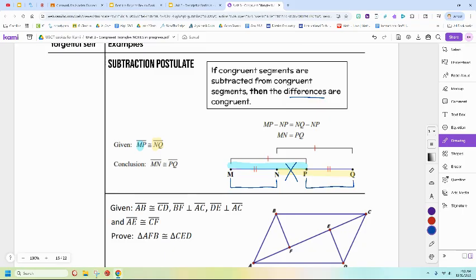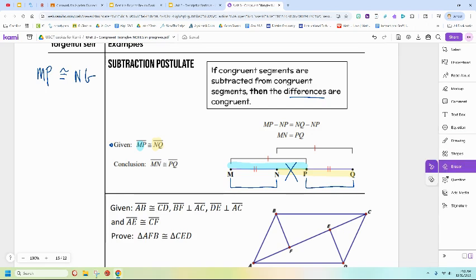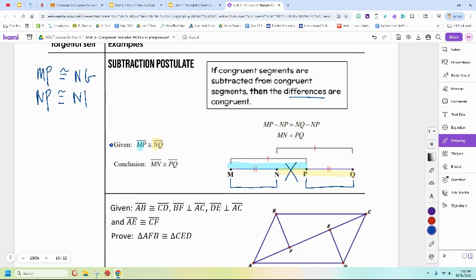Okay, let's go ahead and kind of show that off to the side again. You can do it vertically or horizontally, either way. So I have the original statement right here, the given. I have MP is congruent to NQ. My reflexive statement, I put the X there for reflexive, is going to be NP is congruent to NP.